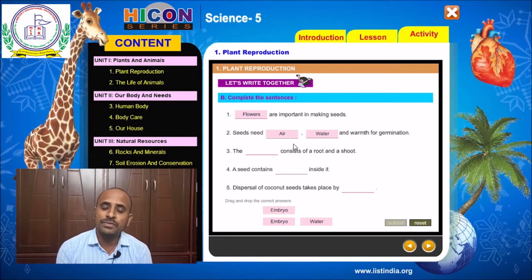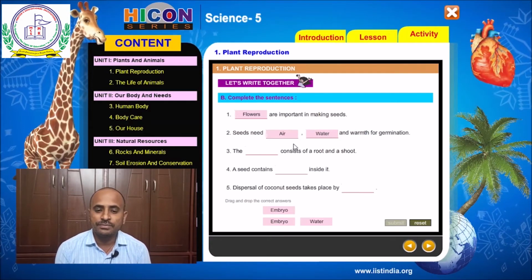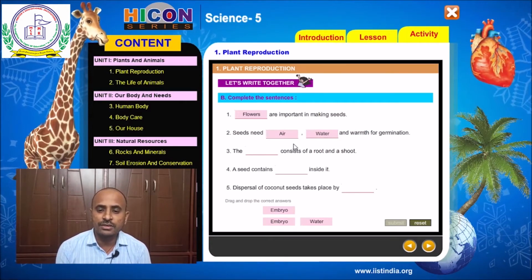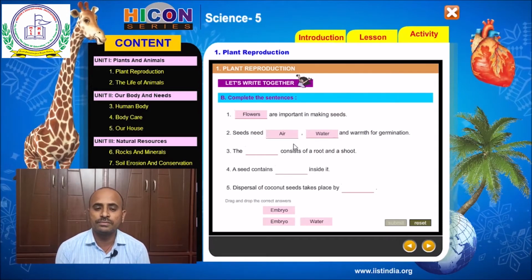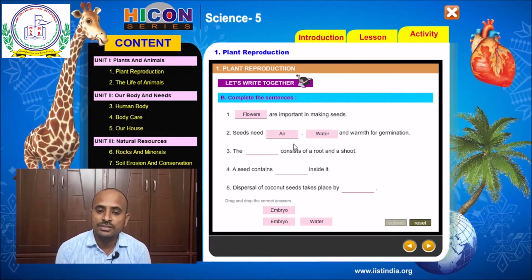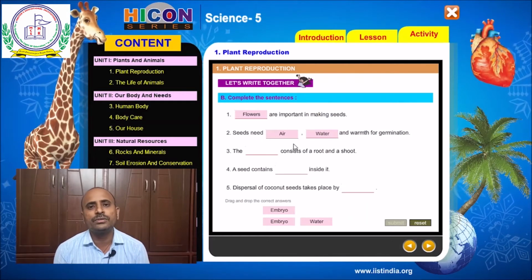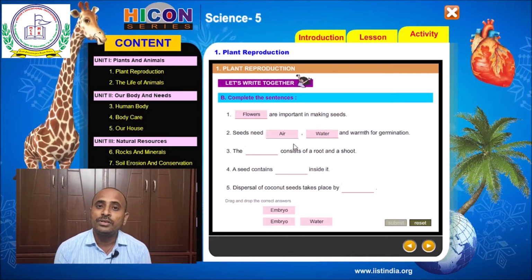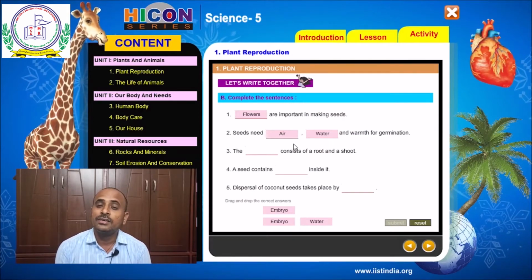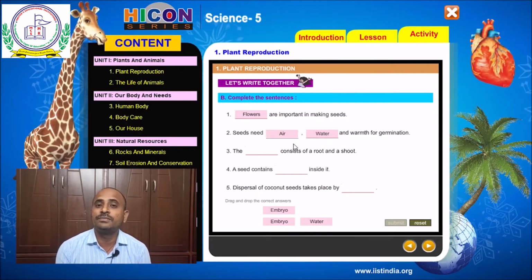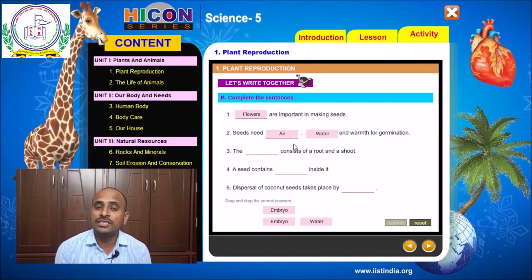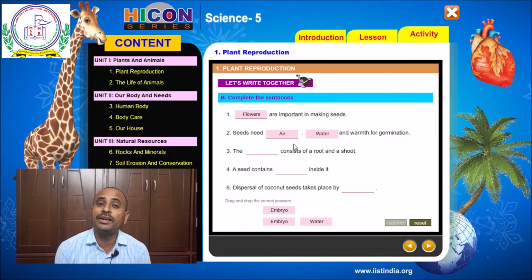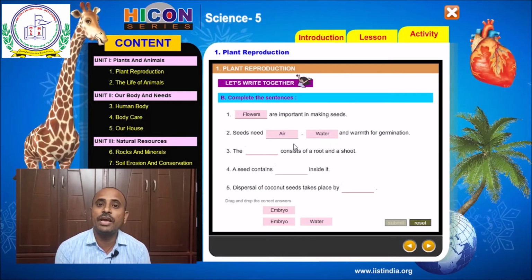Next, children, read the third sentence. The dash consists of root and a shoot. So which part of the seed contains root and shoot? We have already discussed the structure of seed. So the seed contains a tiny plant inside it, which is called embryo.